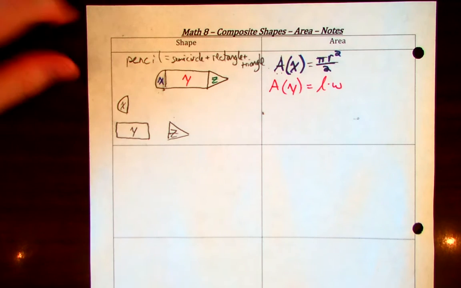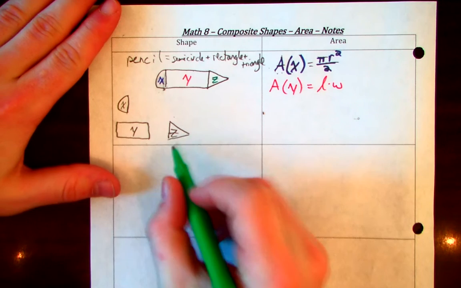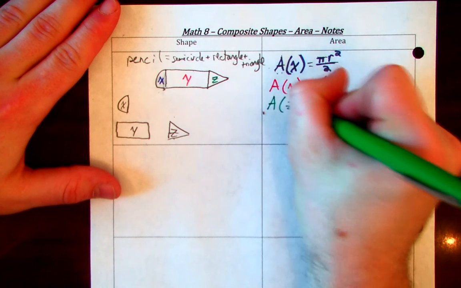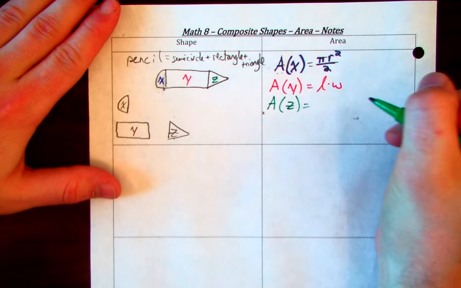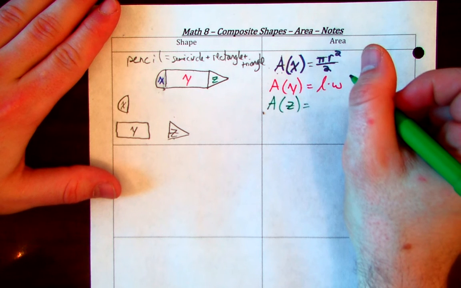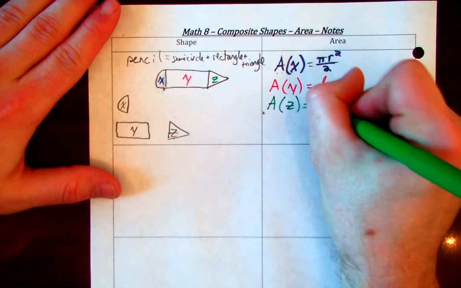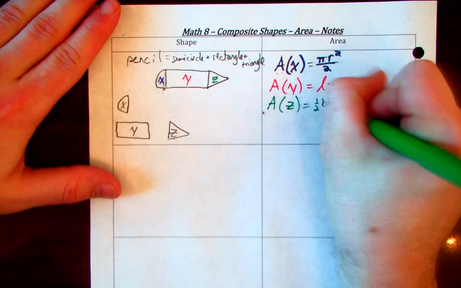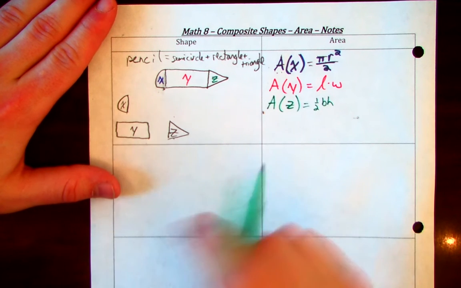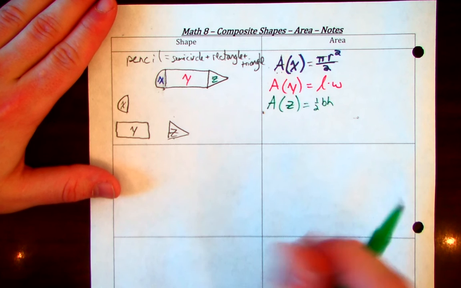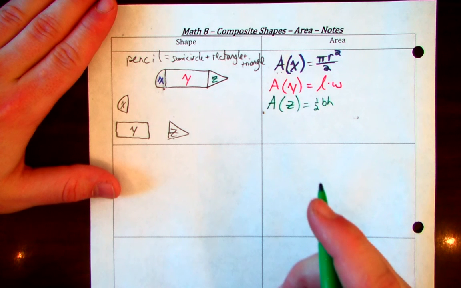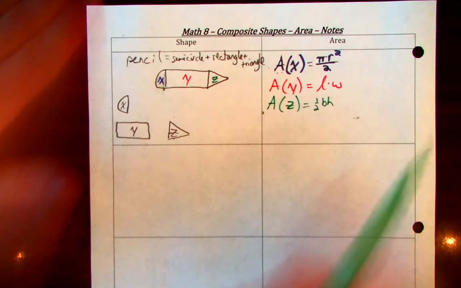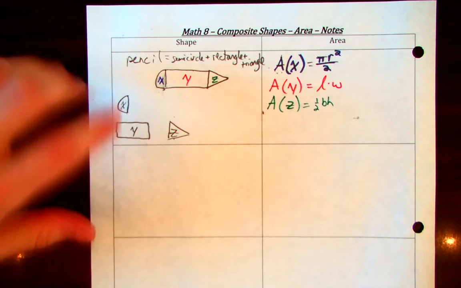And then for our triangle, which we labeled as z, we're going to have 1/2 times the base times the height. So make sure that you have each of these ideas for yourself.